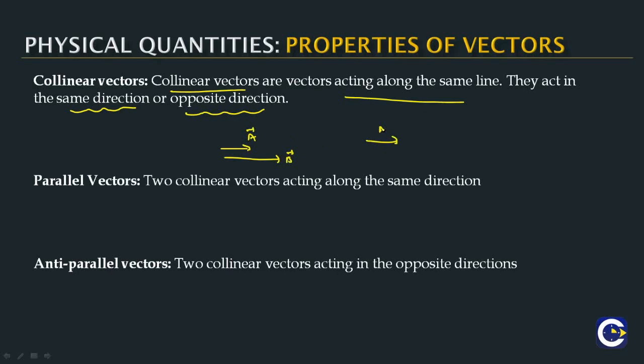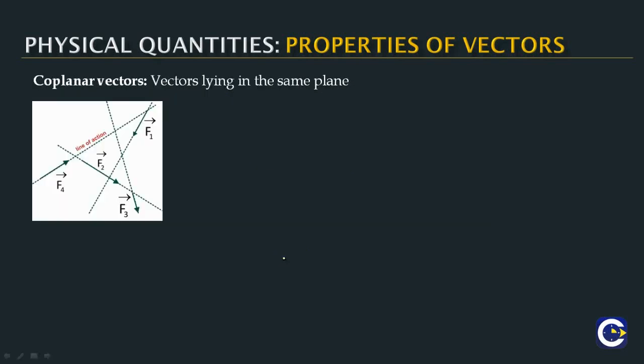I have vector a bar and another vector c bar, but they are exactly in the opposite direction, and we can still call them collinear vectors. Parallel vectors means two collinear vectors which are acting along the same direction. Like in the previous case, a bar and b bar will become parallel vectors. And anti-parallel means two collinear vectors which are acting in the opposite direction. Like in this case, a bar and c bar will be anti-parallel vectors.